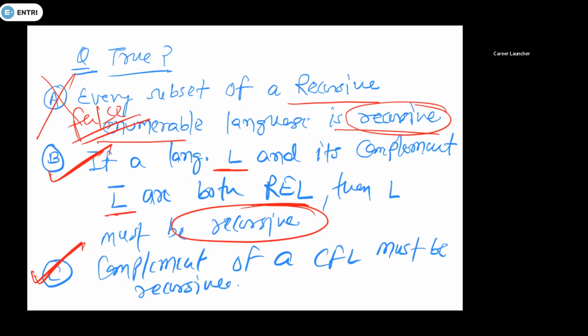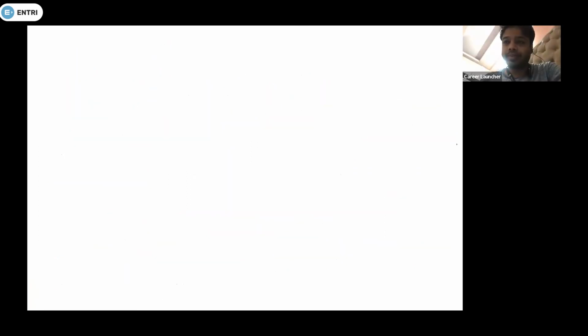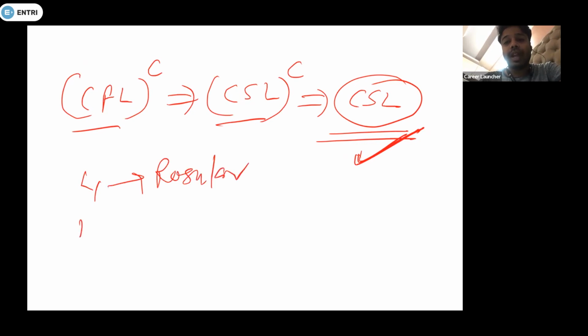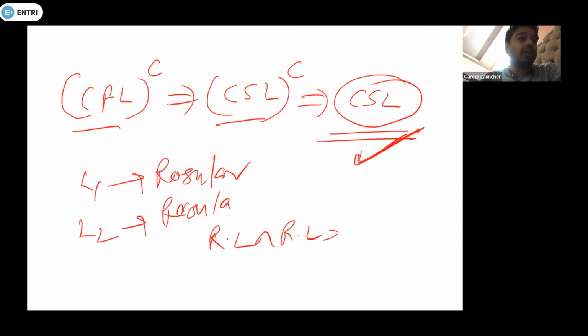Okay. Next one. Complement of a CFL is recursive is true. D: if L1 and L2 are both regular, then regular intersection regular is always regular, and every regular language is DCFL.